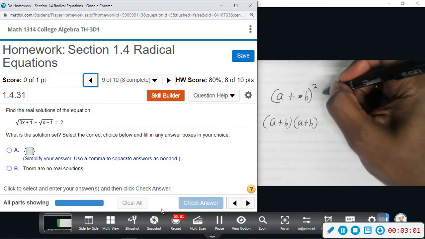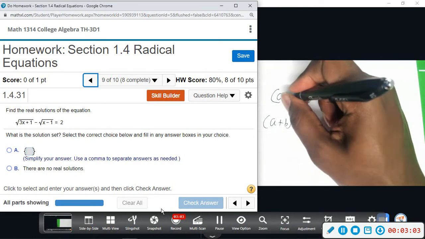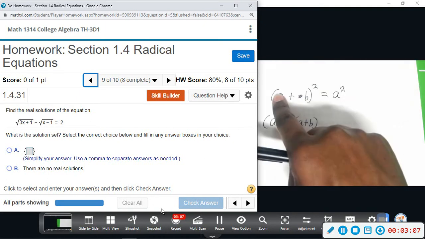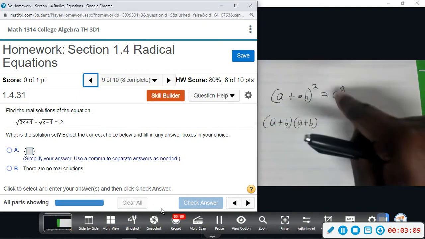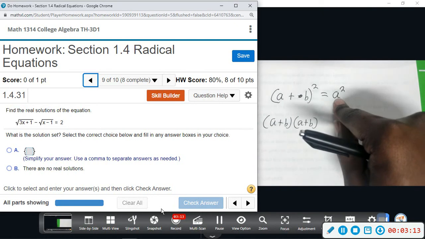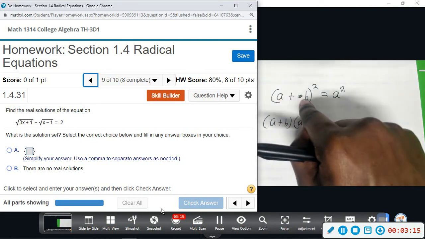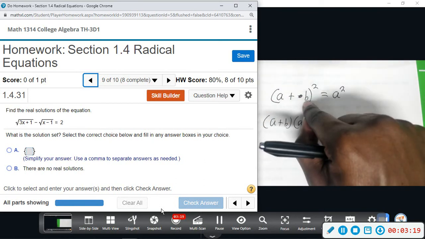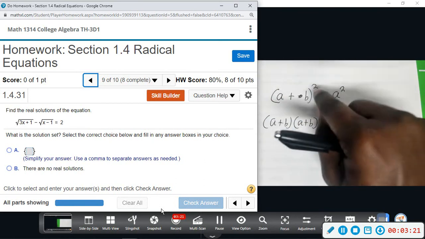The shortcut is you square the first one, so that would be a squared. If there's a number or something else there, square whatever is there and you get that term squared. The next term is you multiply these 2 numbers together, so a and b. A times b, and you double it because you would have it twice.